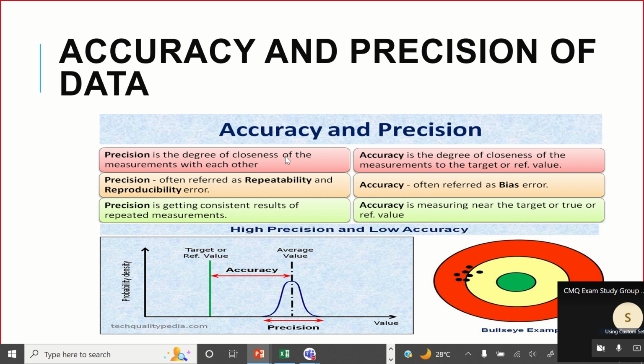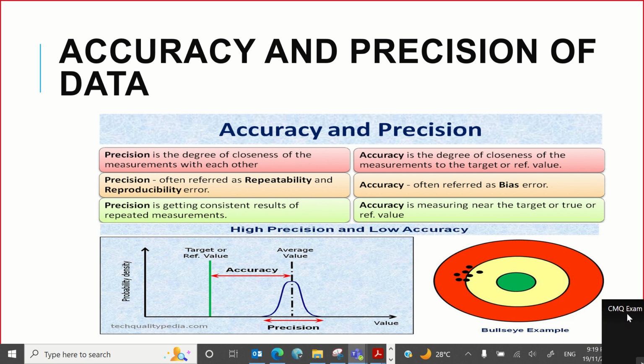This is another graph on precision and accuracy. It provides more definitions of what's considered precision and what's considered accuracy. So precision is the degree of closeness of the measurements with each other. Precision is often referred to as repeatability and reproducibility error.